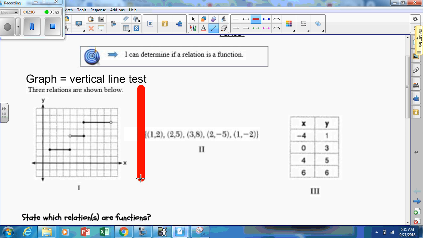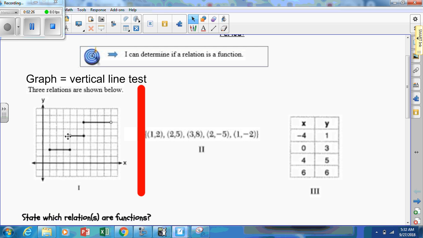Now bear in mind, this is supposed to be an equation. One thing to remember: when I have a closed end like this, that means the values are included. Open-ended means values are not included. Included values, not included values.